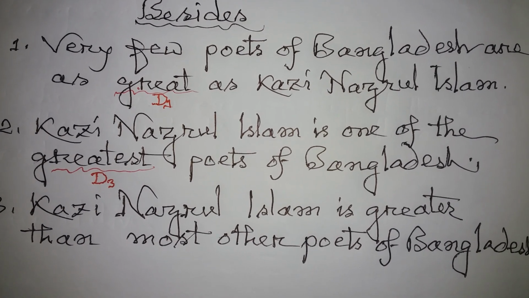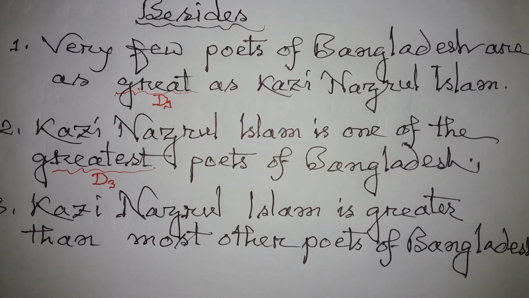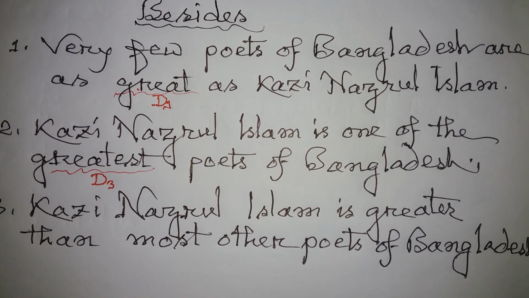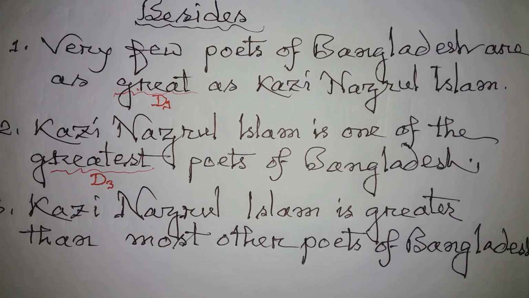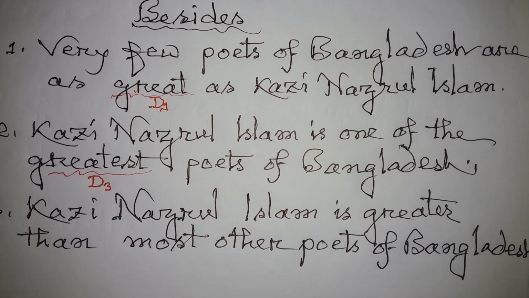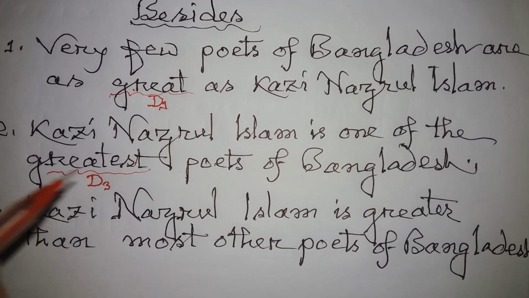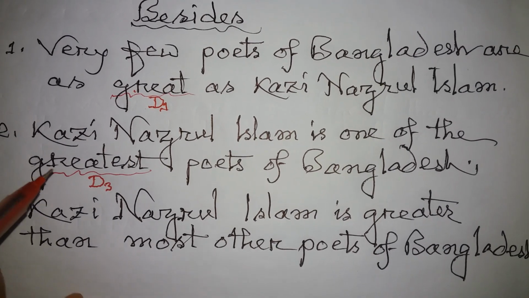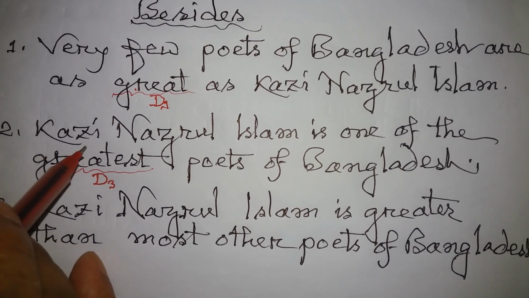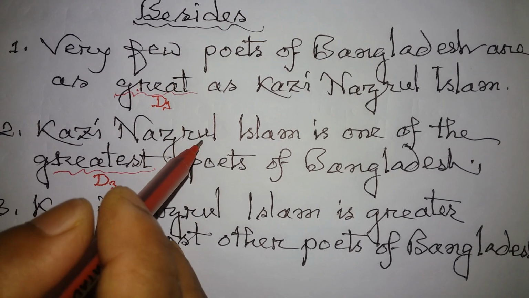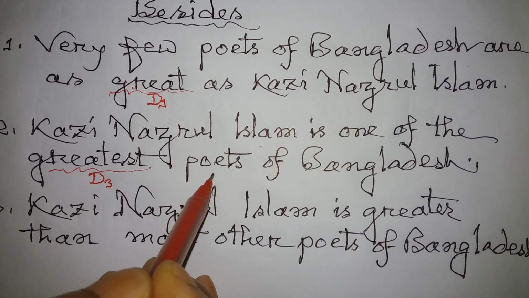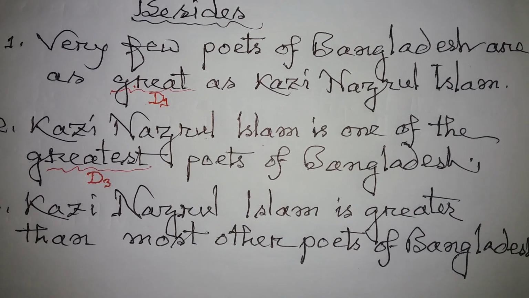When we change the sentence, very few poets of Bangladesh are as great as Kazi Nazrul Islam, into superlative degree, we use it in this way: Kazi Nazrul Islam is one of the greatest poets of Bangladesh.